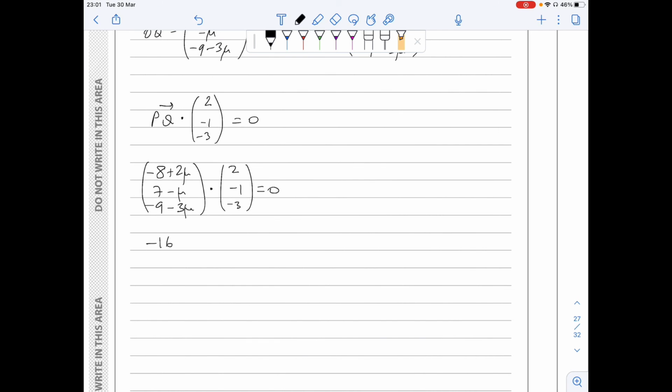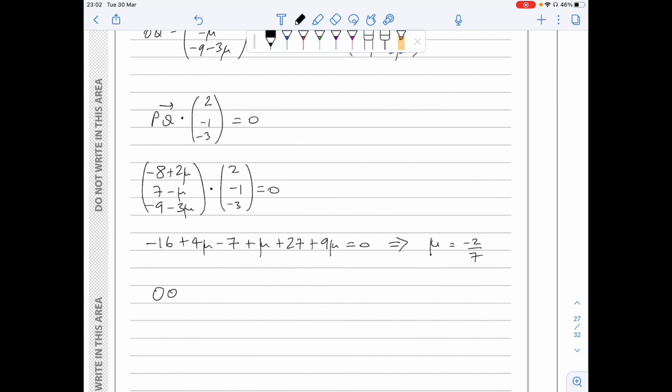So -16 plus 4 mu minus 7 plus mu plus 27 plus 9 mu is equal to 0. So mu is equal to -2/7. So I can substitute this into OQ.